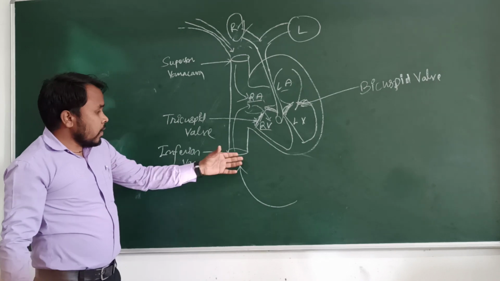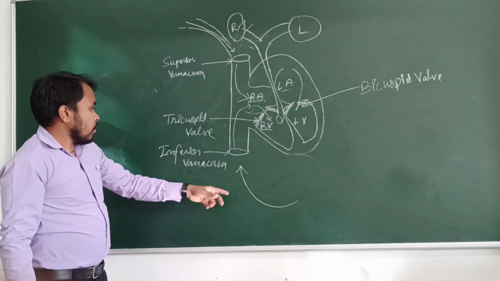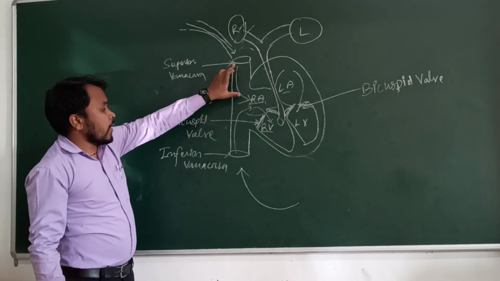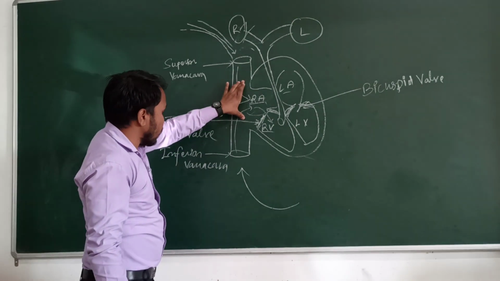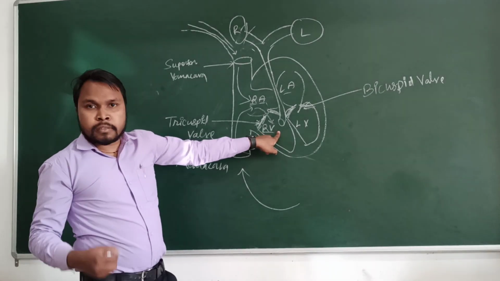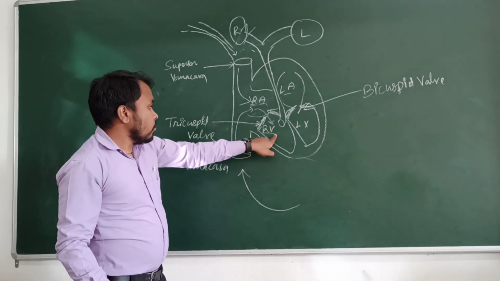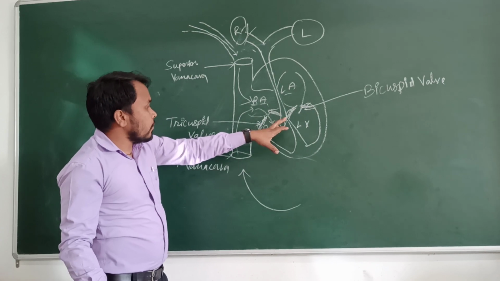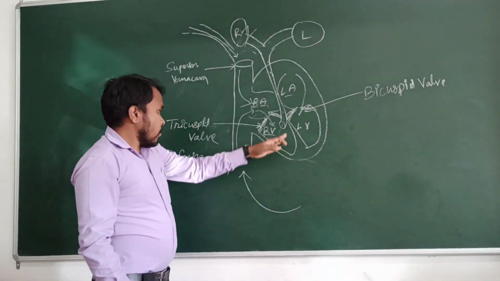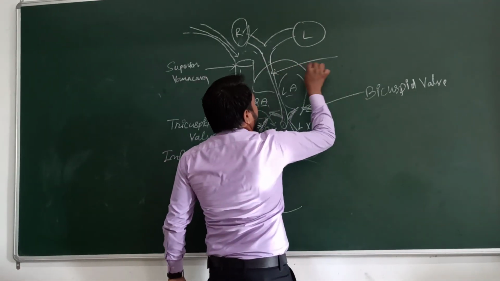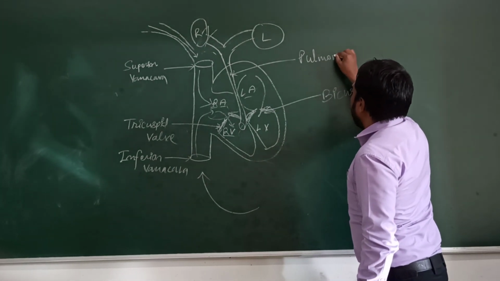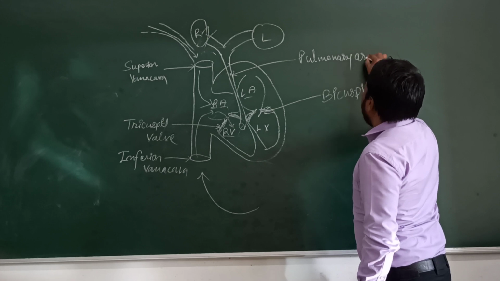So deoxygenated blood goes to the inferior vena cava and also to the superior vena cava, and after reaching the vena cava, this blood will go to the right auricle, and after the right auricle, this deoxygenated blood will go to the right ventricle, and after the right ventricle it will go to the lungs by these pulmonary arteries. This is pulmonary arteries.